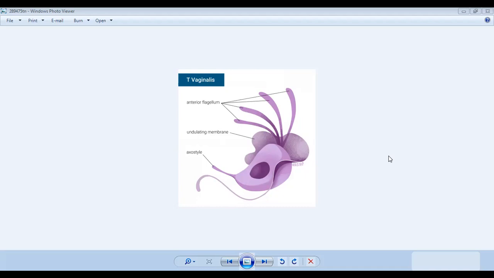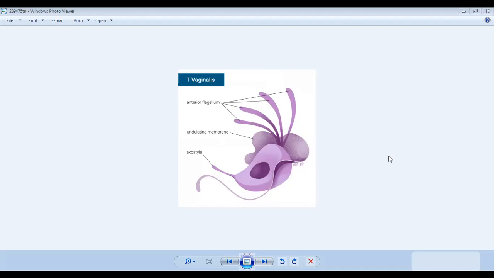Trichomonas vaginalis can be treated with metronidazole. We can start with 2 gram metronidazole single oral dose, metronidazole or tinidazole. If there is a recurrence or the patient is not cured, we can use the second line protocol, 500 milligram day and night for 1 week.